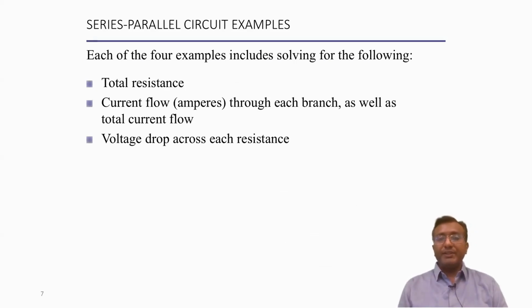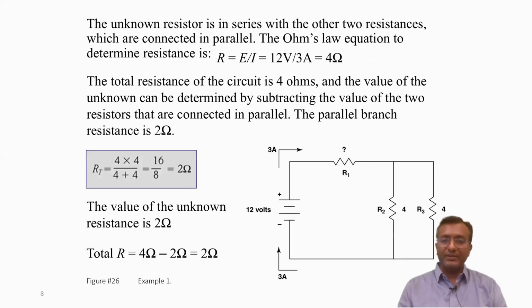Now in this series parallel combination, similarly to the previous problems, we have to find out the total resistance of the system, the current flow in each branch as well as the total current flow, and the voltage drop across each resistance. Looking at this problem, the value of R1 is unknown.